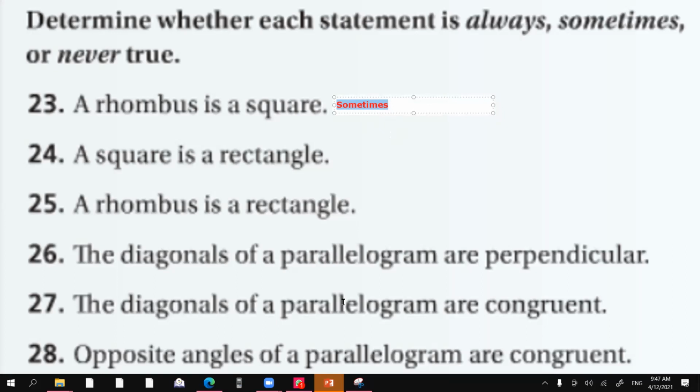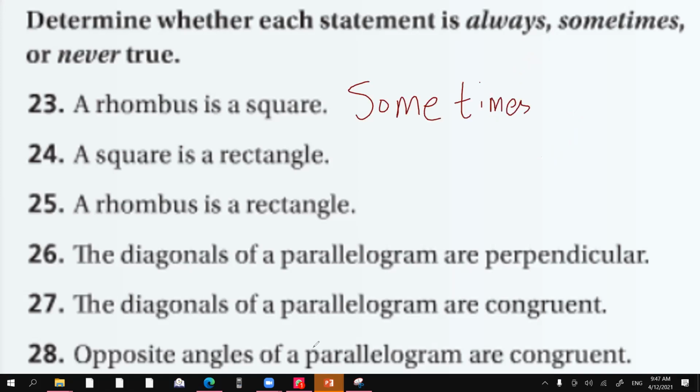Sometimes you can have a rhombus like this, as an example, with four congruent sides and four right angles. So the first one here is sometimes.